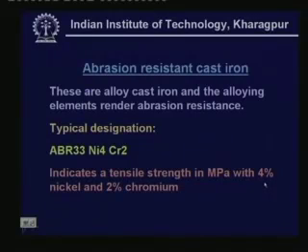So the designation type is again the same, ABR 33 Ni4 Cr2, which indicates abrasion resistance, 33 the tensile strength, with 4% nickel and 2% chromium. So this is one typical designation of abrasion resistant cast iron.